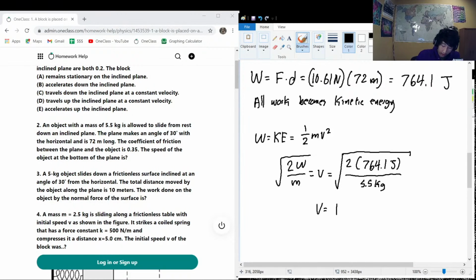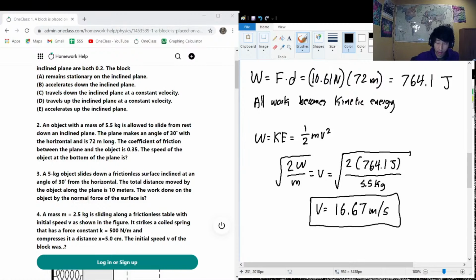That gives us 16.67 meters per second. And that would be our final answer for the second part of this question: the velocity of the block at the bottom of the ramp.